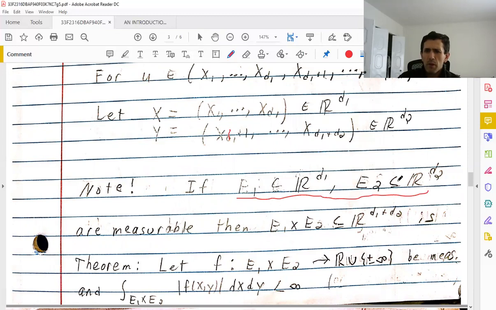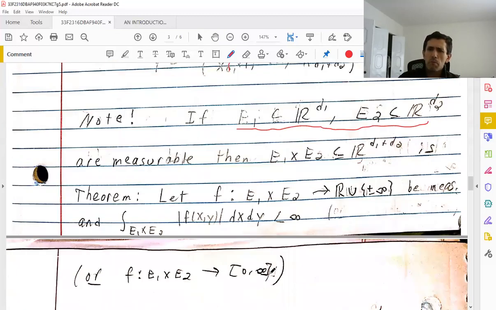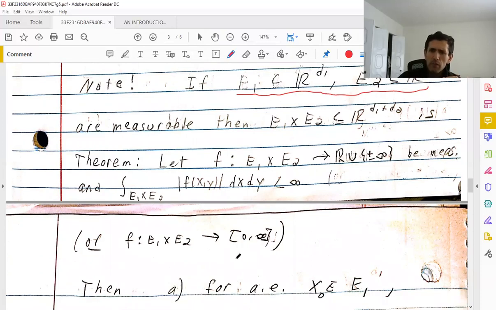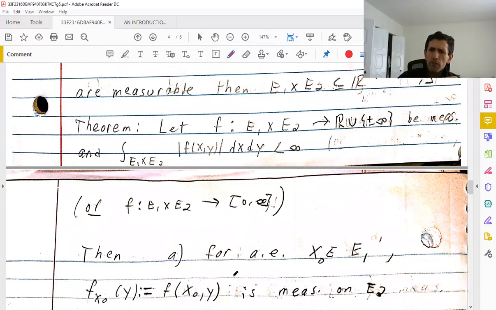or f is measurable and non-negative, then first of all, for almost every x0 in E1, this function on E2, defined as just plug in x0 and plug in y, again, x0 is fixed here, so it's really a function of y, is measurable on E2.